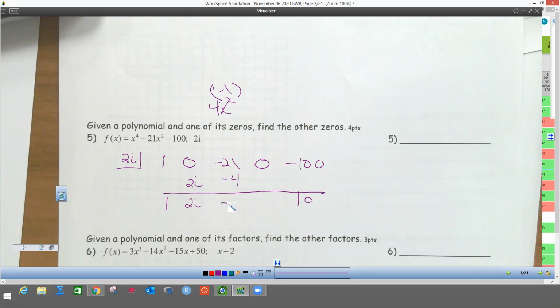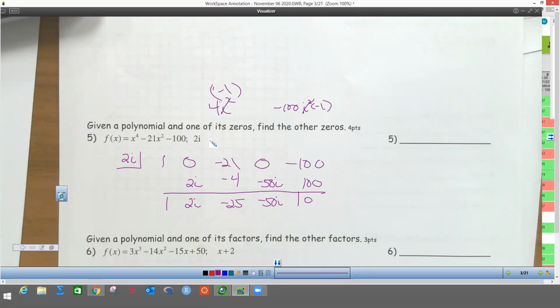I add those two together and get negative 25. Then 2i times negative 25 is negative 50i. I add 0 and that together and get negative 50i. And 2i times negative 50i is negative 100i squared, and i squared is negative 1, so negative 1 times negative 100 is 100, and I hope you see that that does give me 0.